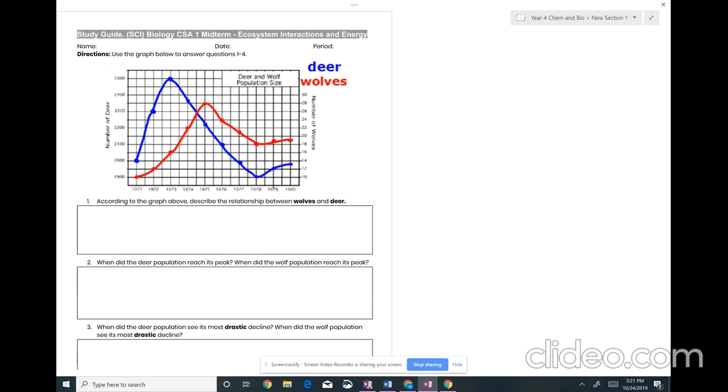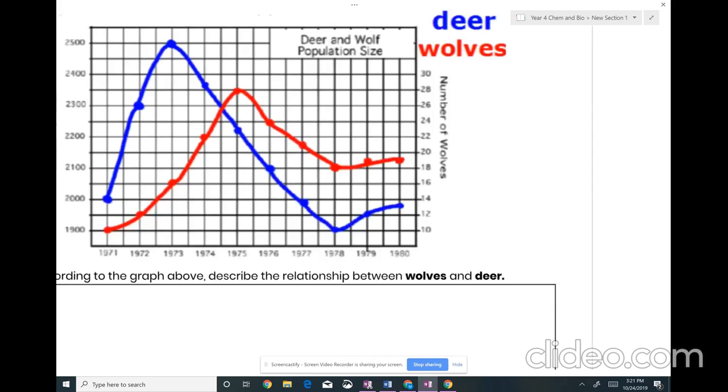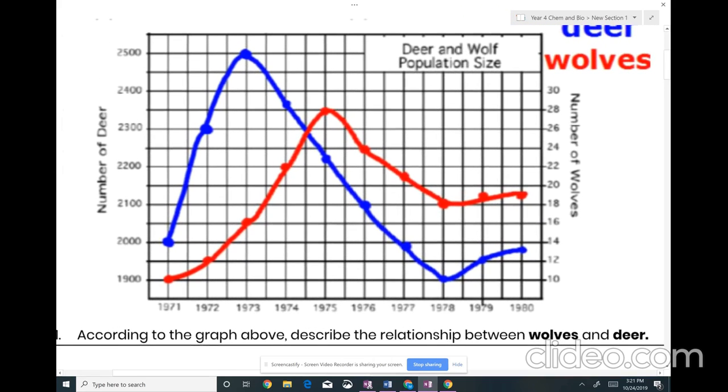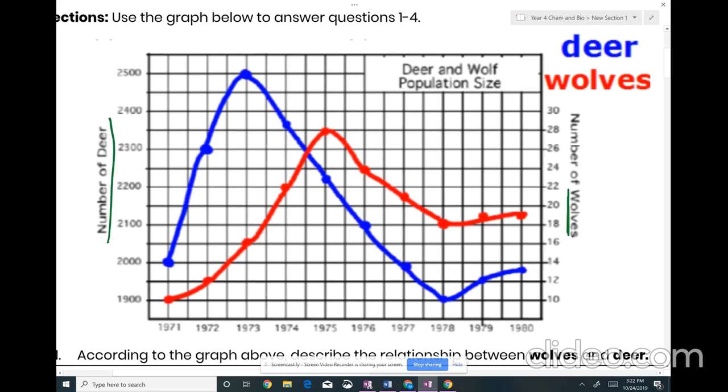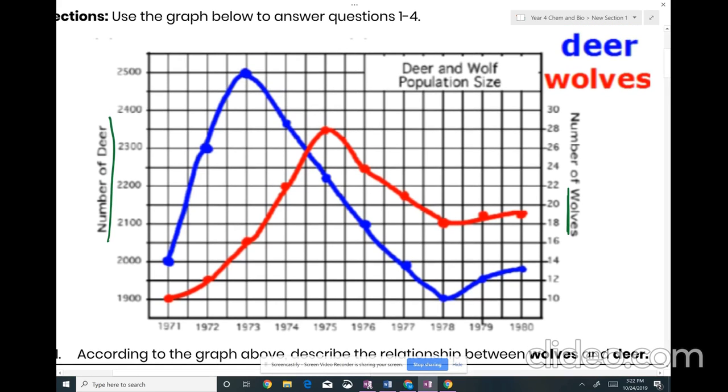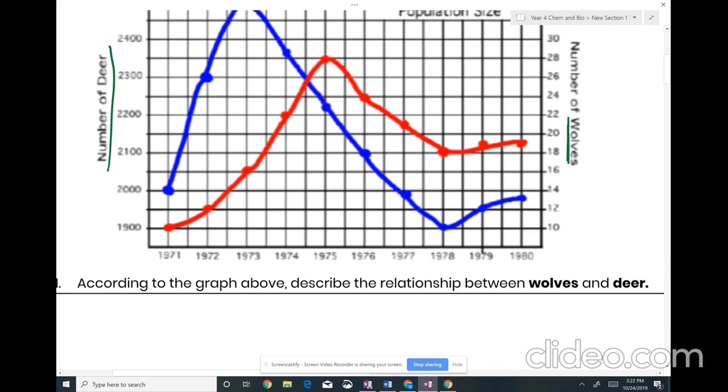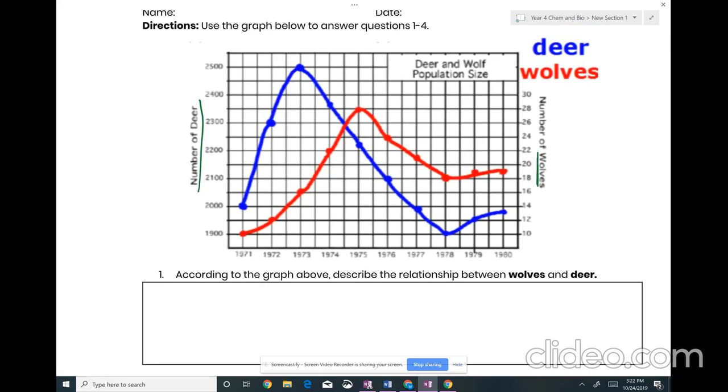We want to make sure that we understand what the data is saying. So in this case, we are going to look at our population of wolves and our population of deer. So we have our deer on this side and our wolves on this side. And you will see that my deer is represented by my blue line and my wolves is represented by my red line. So there are a couple of things that you guys can say.